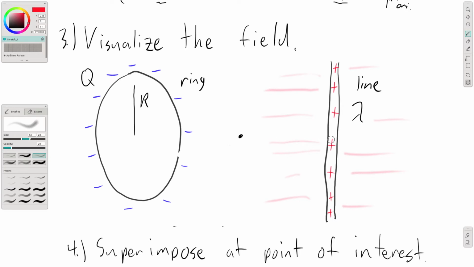We have this other object, this ring, that instead of emitting dye, it's a negative charge, so it's going to be absorbing dye. So we can picture that this dye is drawn towards this drain.